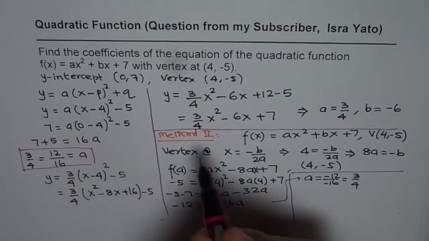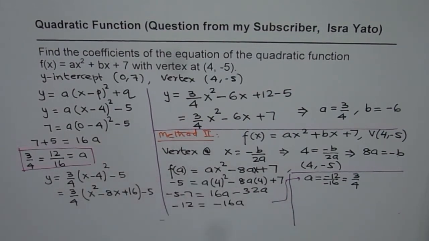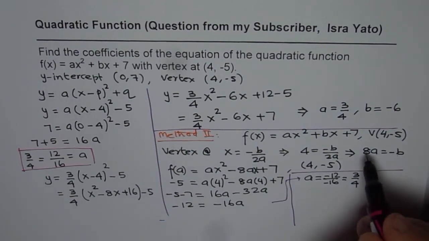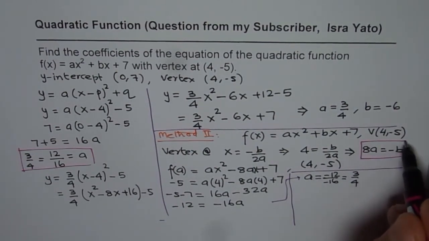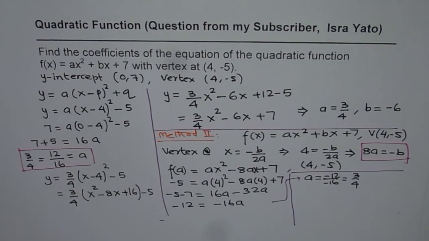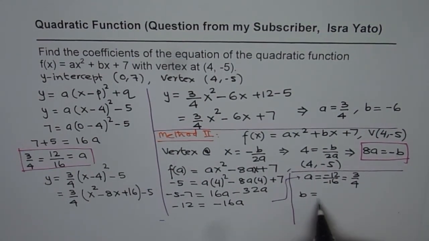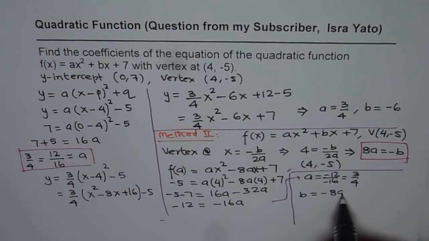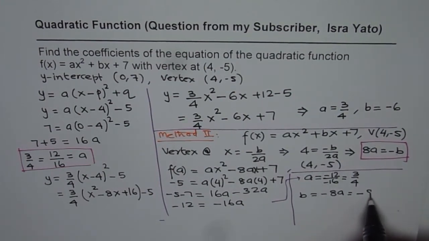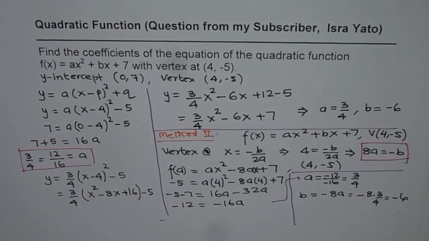So in the second method, which is kind of shorter, we got the value of a as 3 over 4. And we know that b is minus 8a, so we can find the value of b. b equals minus 8 times 3 over 4, which is minus 6.